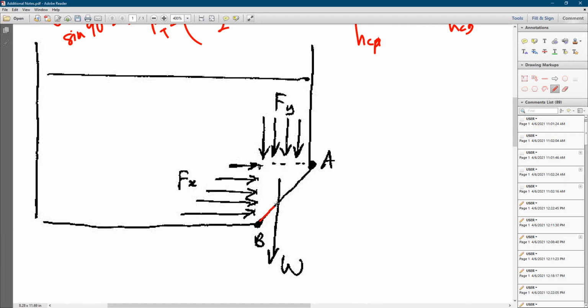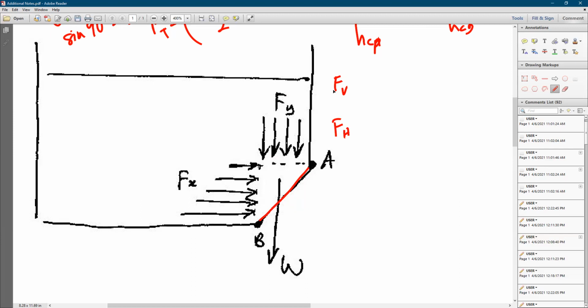To solve this problem, normally we resolve this into the vertical force and also the horizontal force.